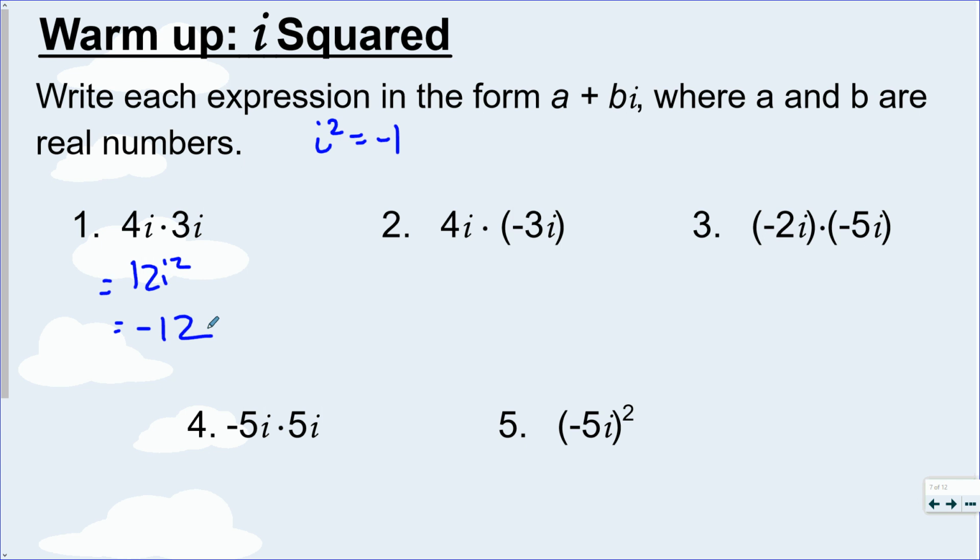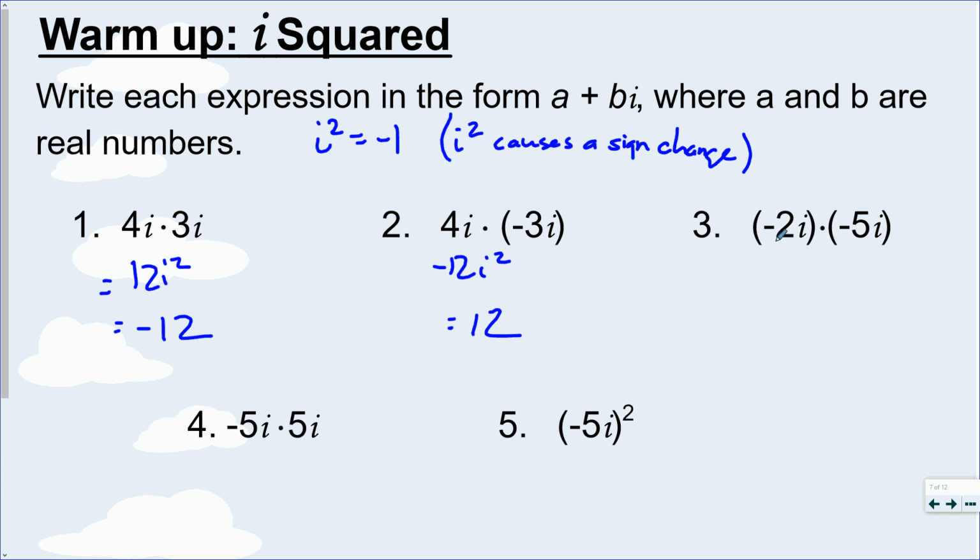Negative 12. i squared acts as a sign change, and that's a great way of thinking about it. i squared causes a sign change. So now here you'd have negative 12i squared, but the i squared causes a sign change, so it becomes positive 12. You get where we're going here? Because negative 12 times negative 1 is positive 12.